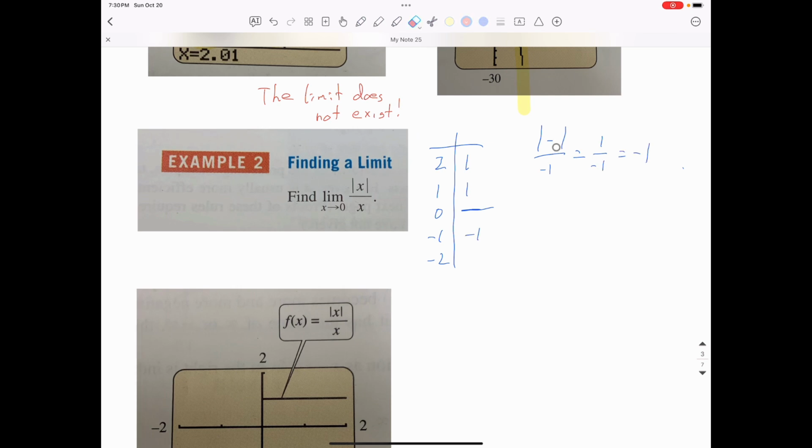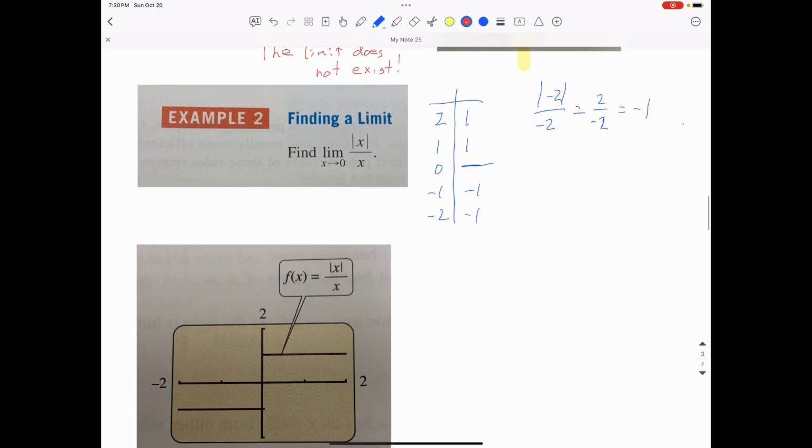And then when you plug in -2, you get the absolute value of -2 over -2. Absolute value of -2 is +2, over -2, which gives us an answer of -1.